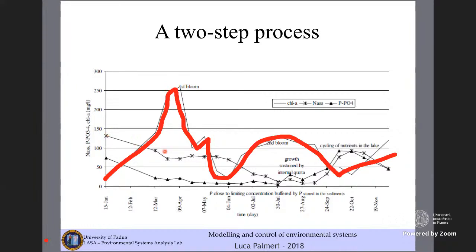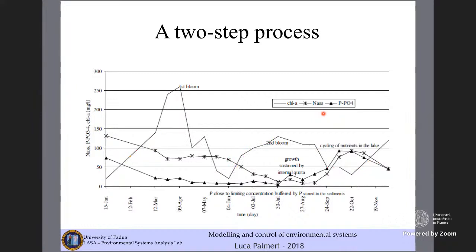In this case, we have a depletion of the nutrient available in the system, so that when the nutrients become very low, we have a dying of the algae, and we may observe a second significant algal bloom that happens in late spring.